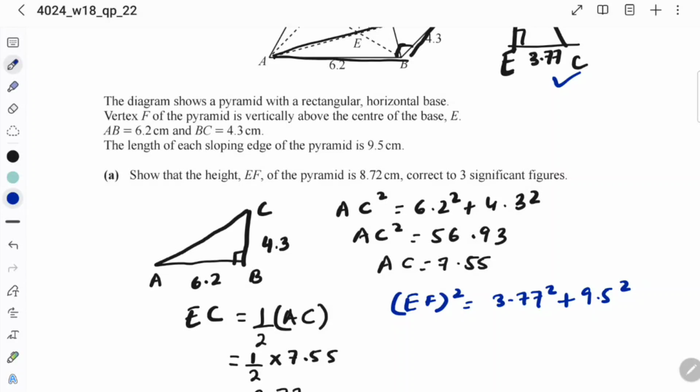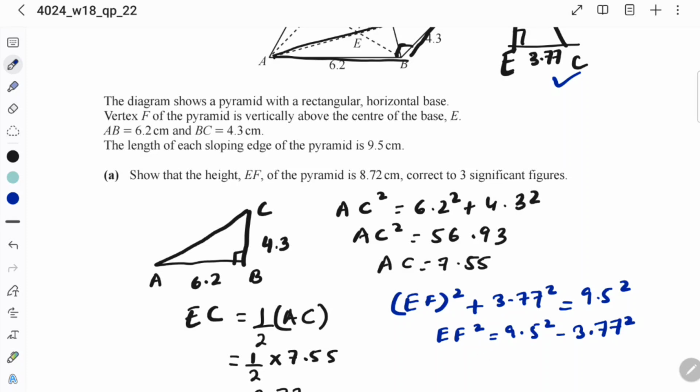9.5 square is the hypotenuse here. So these two added together will become 9.5 square equals 9.5 square. So for finding out EF square, we'll do 9.5 square minus 3.77 square. Calculate.